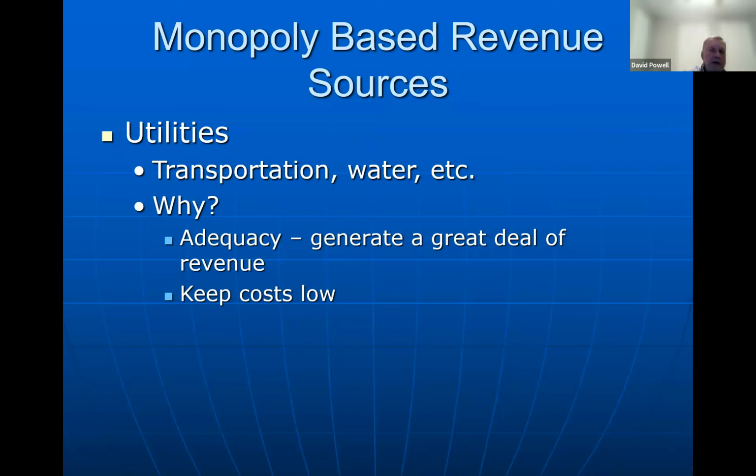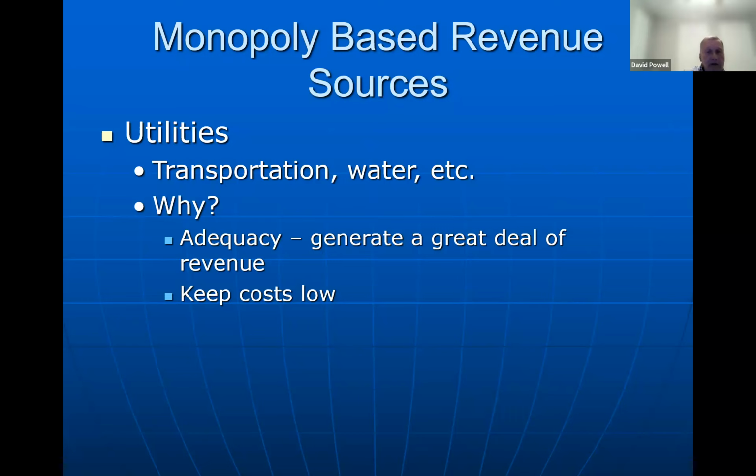We have an extensive government involvement in these monopoly-based types of revenue sources because we want to make sure that we can keep costs low, that these things such as utilities and water and these staples of life are not being rationed so that lower income individuals do not have access to them.